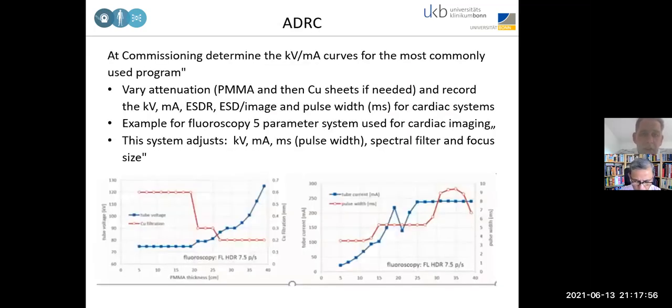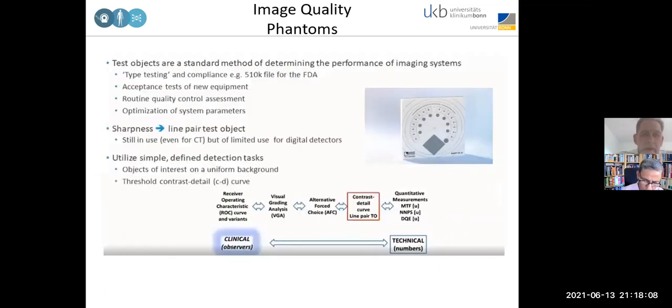The dose rate is something you should look at when you commission, then you adjust for kV, mA, pulse width, spectral filter, and focus size. Image quality is already something we have talked about with conventional X-rays. There's really nothing new.